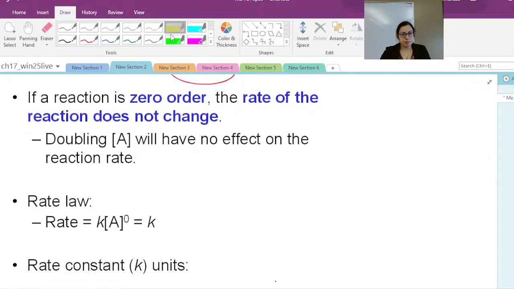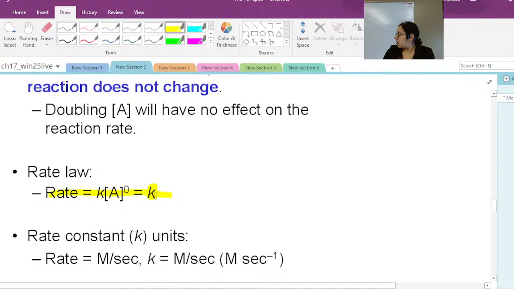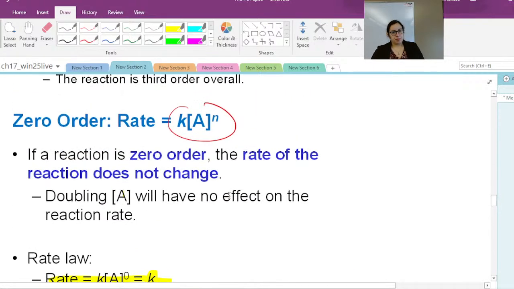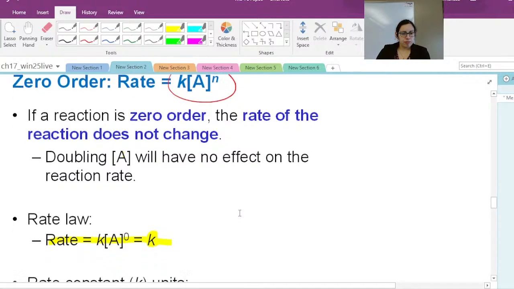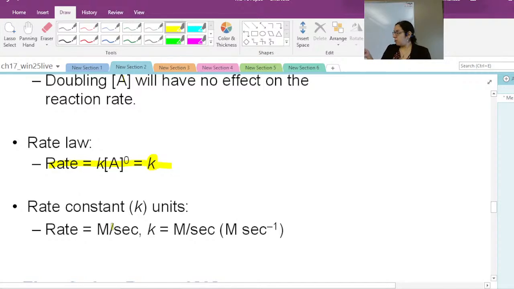So if we plug in 0, the rate is just equal to K. It's just dependent on the rate constant, but it's not affected by A. We'll do some practice problems, but all we're saying is the reaction is going to occur, but how fast or slow it goes does not depend on the concentration of A. Make sure you grab the cheat sheet because it has everything condensed. The rate will be given in molarity per second, and that means your K will be given in the same units as well, since A has no effect on it.